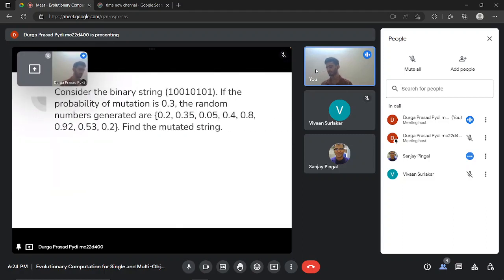Yeah, let us consider this example. Maybe I'll wait for a couple of minutes for you to go through the question. My binary string is given and I have chosen my probability of mutation to be 30% or 0.3. I generate random numbers, and the number of random numbers should be equal to the length of the chromosome. What will be the mutated string?